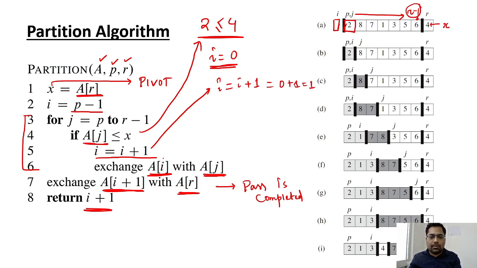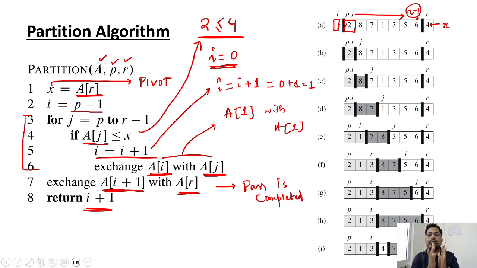Now the exchange will be done. Exchange with what? The i value is right now 1, so A of 1 will be exchanged with A of j, and previously the j value was also 1. So A1 with A1 means the same position, 2 was there previously, so the 2 will stay like this. Here i was previously at this side, and it was incremented.